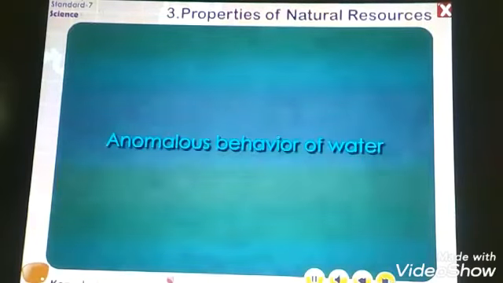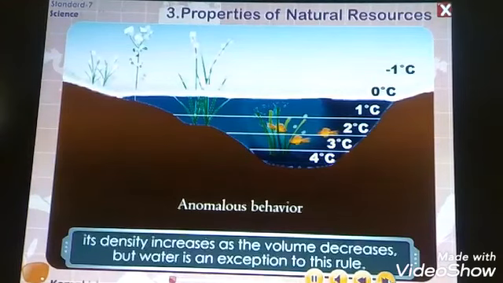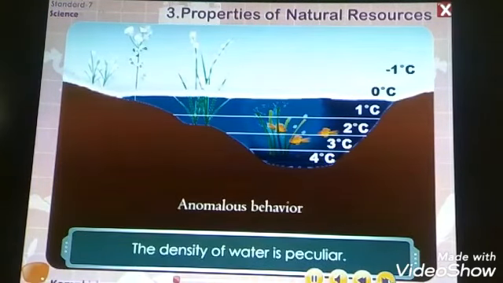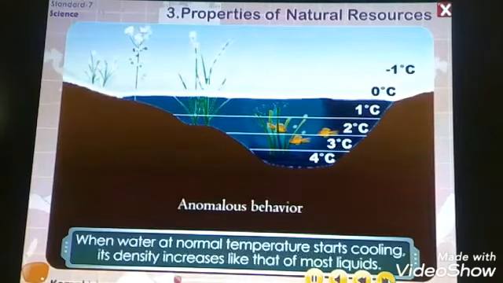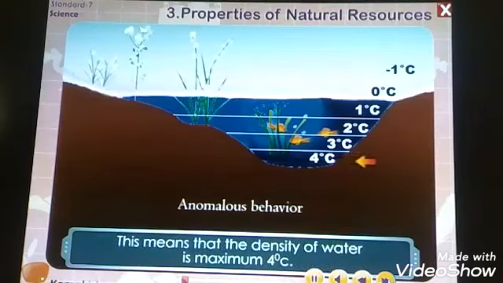Anomalous behavior of water. Usually when the temperature of a substance is lowered, its density increases as the volume decreases, but water is an exception to this rule. The density of water is peculiar. When water at normal temperature starts cooling, its density increases like that of most liquids. However, if its temperature falls below 4 degrees centigrade, its density starts decreasing.